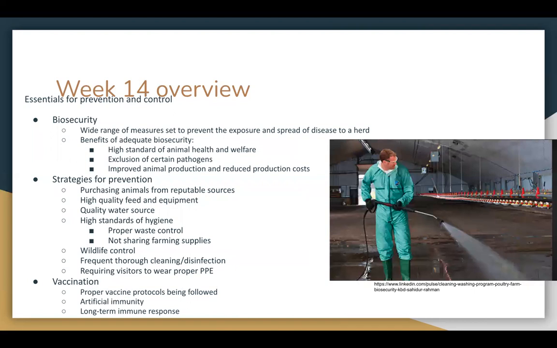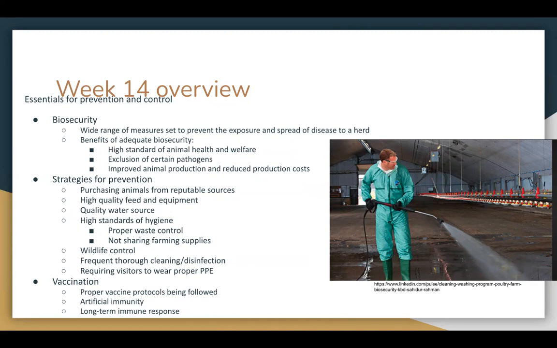And then week 14 was just an overview, basically touching on the essentials of prevention and control of infectious agents. So biosecurity was a big topic that we discussed as an essential of prevention. Basically, biosecurity is just a set of measures used to prevent the exposure and spread of certain diseases and pathogens.